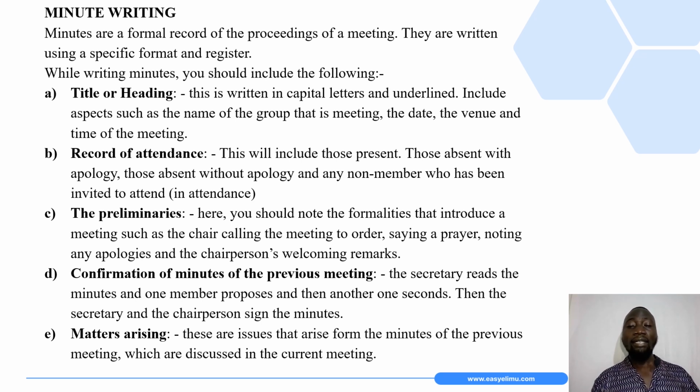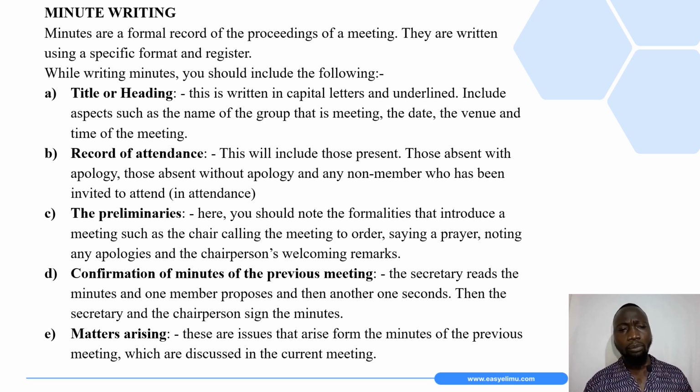Then after the date, also indicate the venue or the place where the meeting is scheduled to take place. And lastly, you must also indicate the time of the meeting.